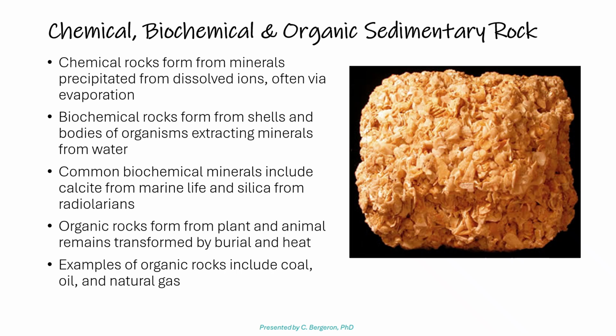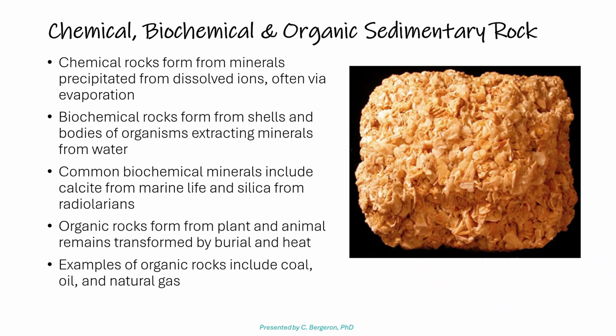With your biochemical sedimentary rock, this type of rock is formed from shells and the bodies of underwater organisms like corals, and the living organisms extract chemical components from the water and use them to build shells or other body parts. A lot of the time that's going to be predominantly calcite that you see formed in this way, biochemical sedimentary rock.